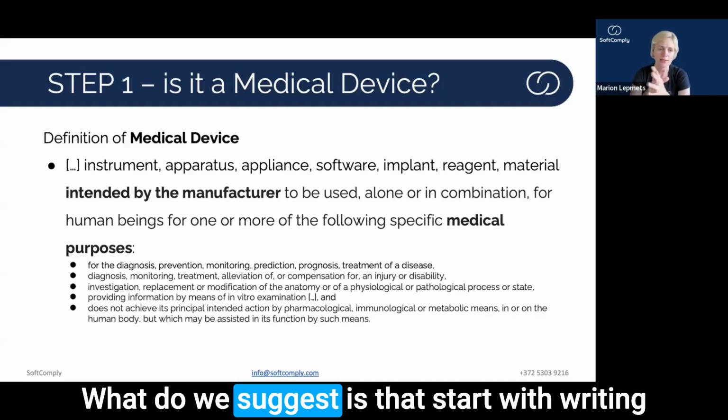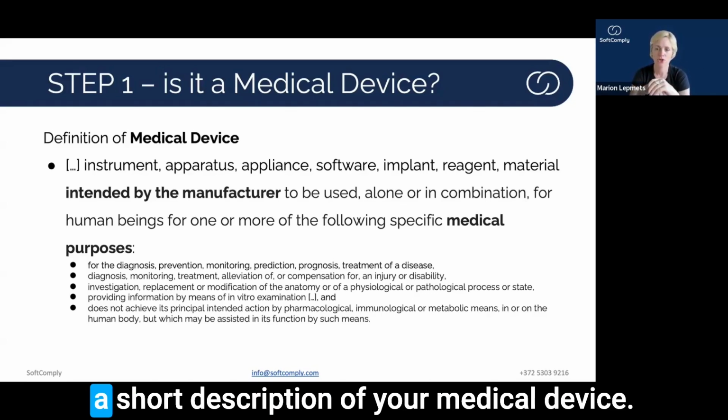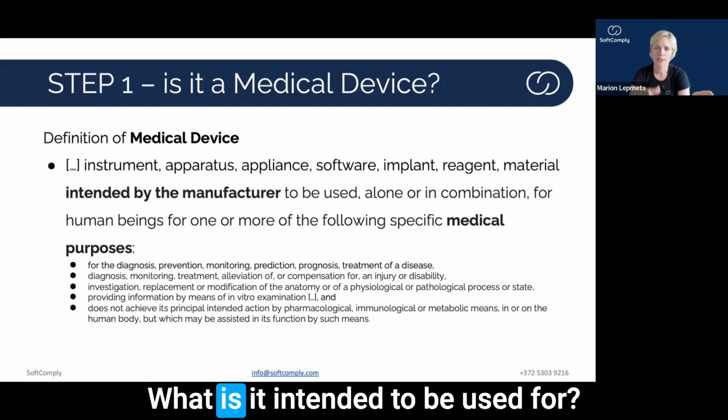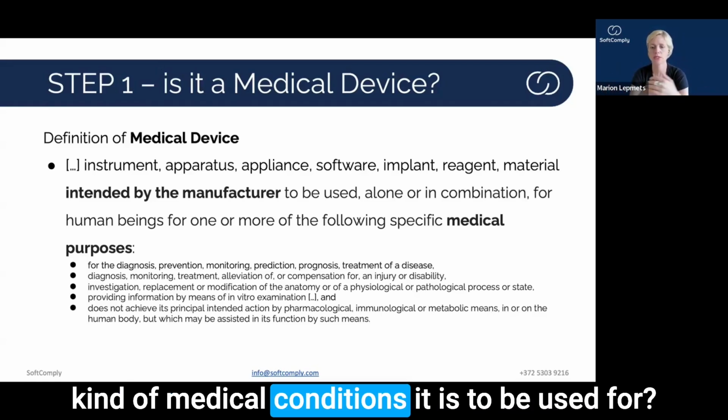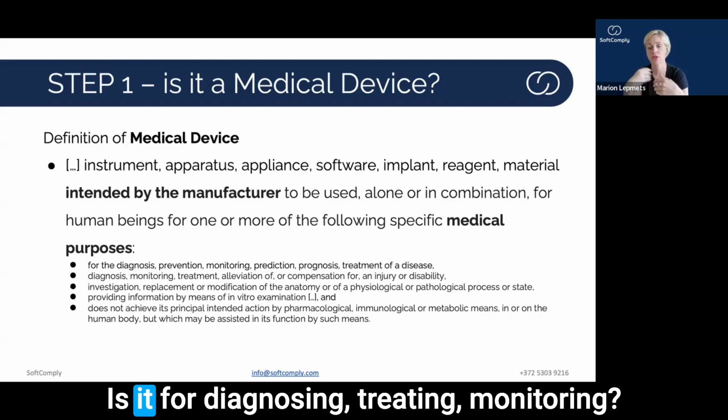What we suggest is that you start with writing a short description of your medical device. What is it intended to be used for? It can only be like 2-3 sentences. What kind of medical conditions is it to be used for? Is it for diagnosing, treating, monitoring?